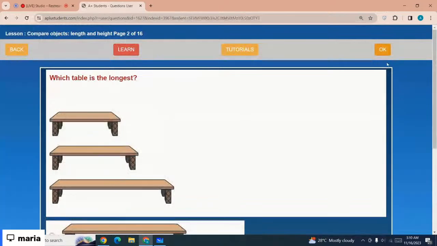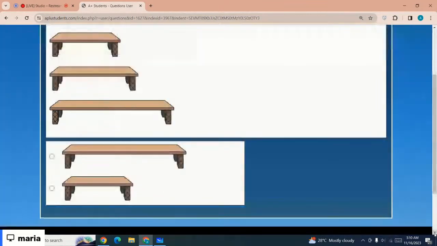The next one is which is the longest table? Which is the correct option? Yes, option number one is the correct option. Got it?